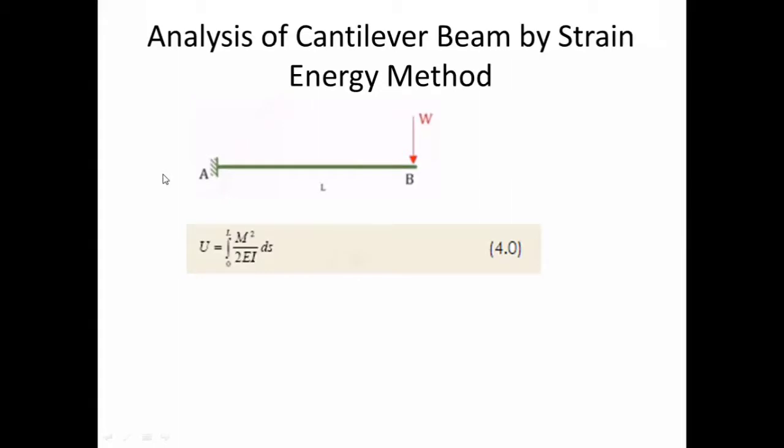Capital E is material property, Young's modulus, and I is geometrical property, bd cubed by 12 if cross section is rectangular. So what we need is bending moment, which is varying along the length of the beam. EI is constant.